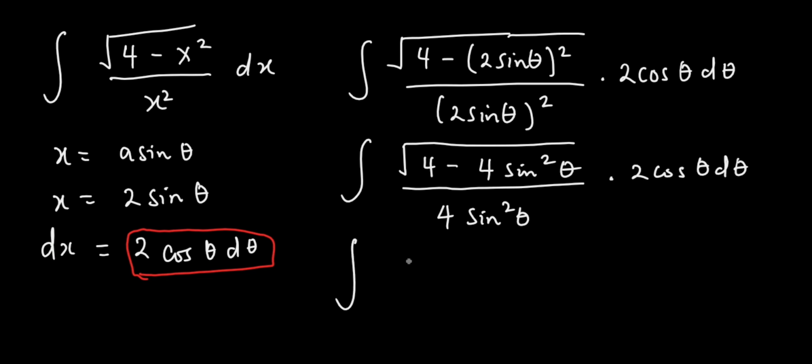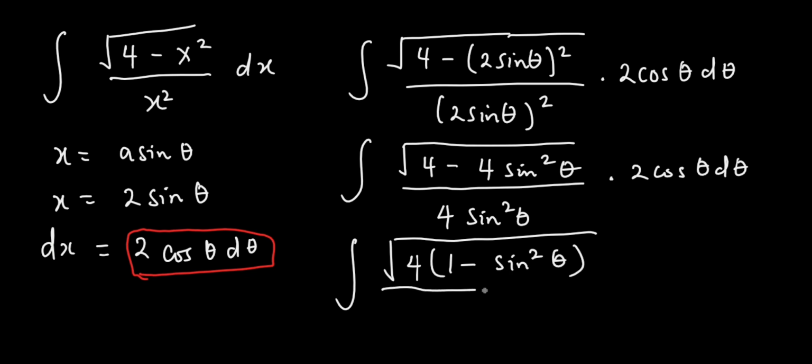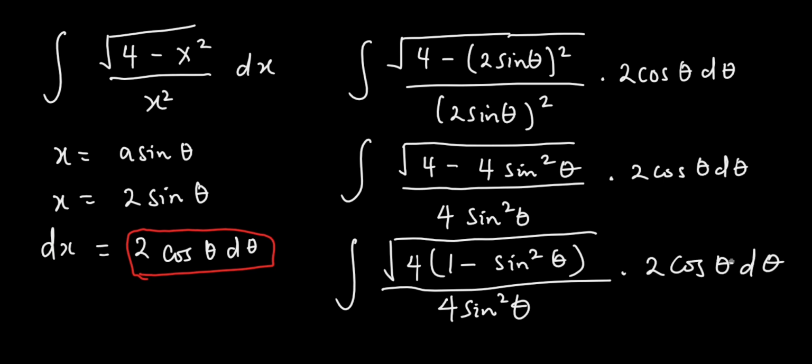So we have the integral of, in the square root, I can factor out 4. Then we have 1 minus sine squared theta over 4 sine squared theta multiplied by 2 cos theta d theta.